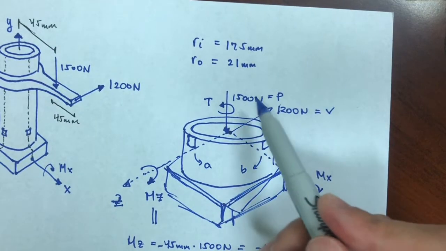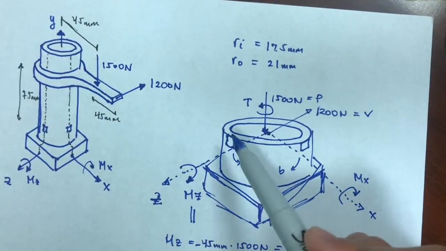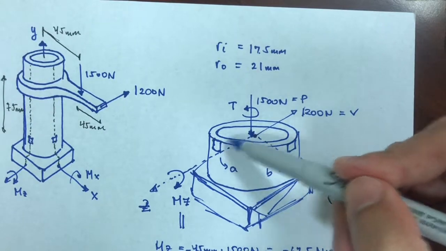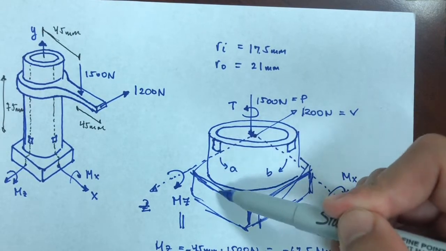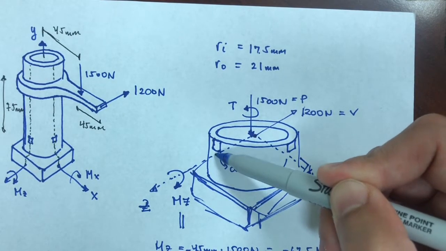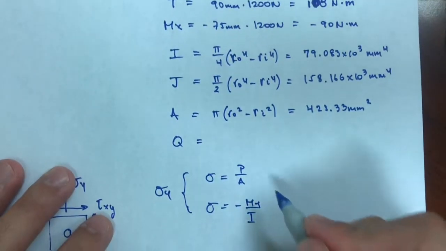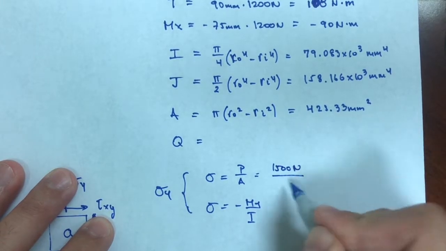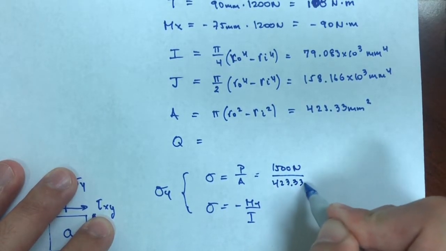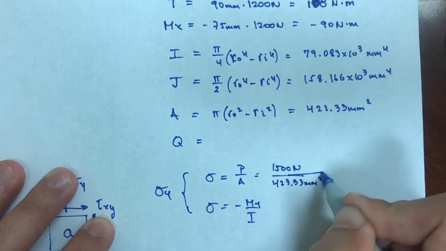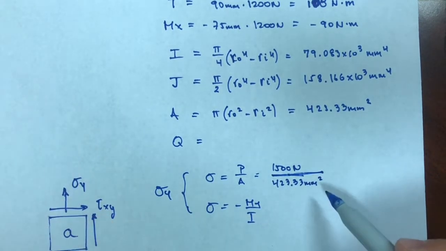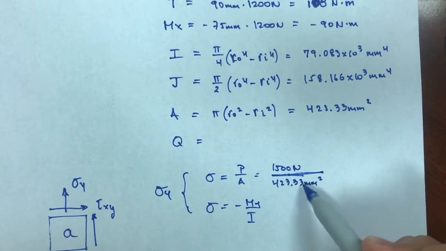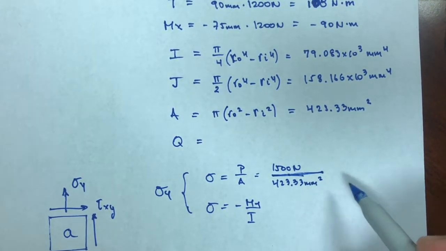Due to this 1500 load, A is going to be under compression. 1500 Newton going down, there's a reaction from the floor, so this is going to be compressed. So this does exist, and it would be equal to 1500 newtons over the area, 423.33 millimeters squared. And of course I need that as megapascals, so I would either switch this to meters squared and then 10 to the minus 6 and then do the math.